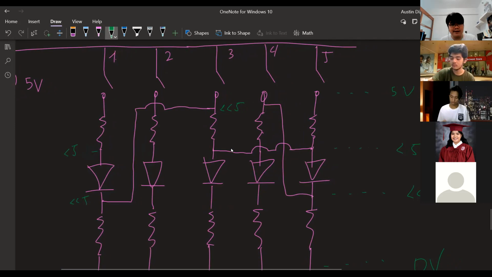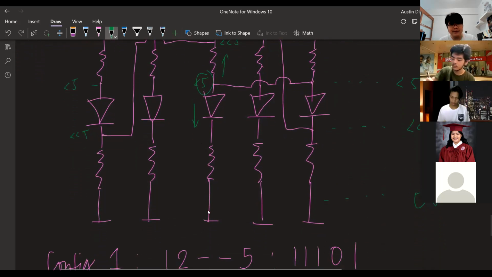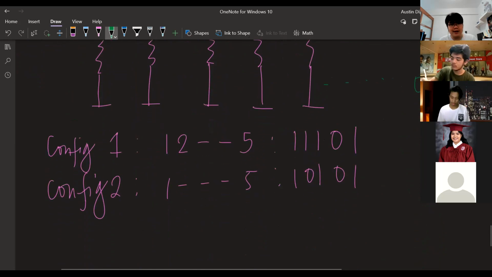And this is less than 5. So, there's a current na pa ganito. Meron din current na pa ganito. So, yung resistor here will just dissipate the power coming from this guy. And as life goes on for 3. So, bubukas yung 3.